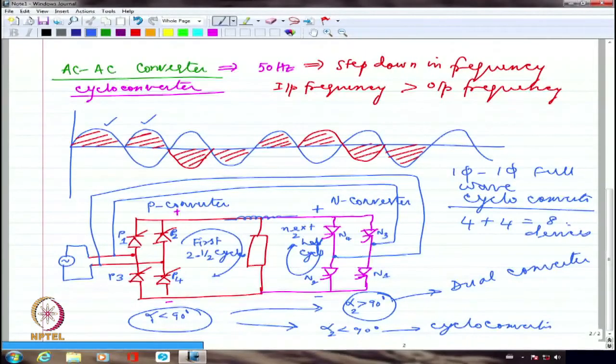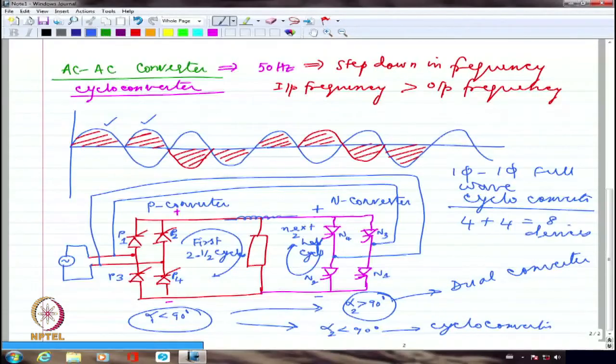If I want now 1/3 of the frequency, I can make 3 half cycles positive, 3 half cycles negative. So you guys know how to reduce the frequency further. But we will not be able to increase the frequency with single phase, because the thyristors will go off only when it is starting to go into the negative half cycle. So I cannot increase the frequency unless I use some kind of forced commutation.